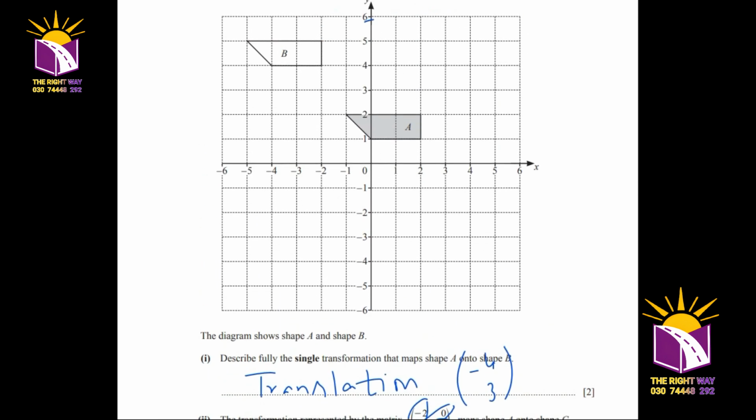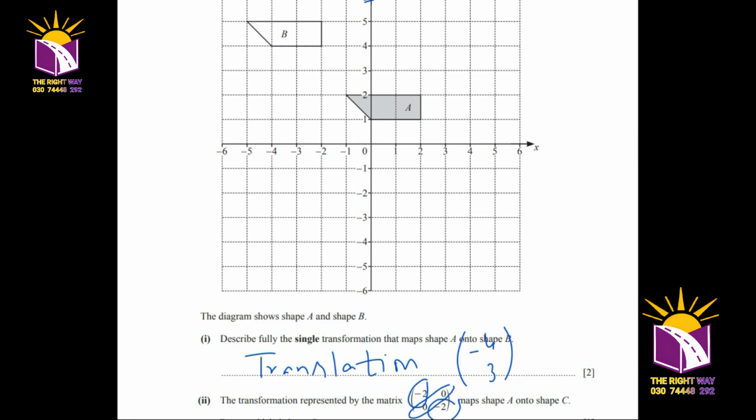So how will my shape change? This point has x minus 1 and y 2. Multiplying minus 1 with minus 2 gives plus 2, so x becomes plus 2, and y becomes minus 4, because 2 multiplied by minus 2 is minus 4. So it will be over here, where x is plus 2 and y is minus 4.